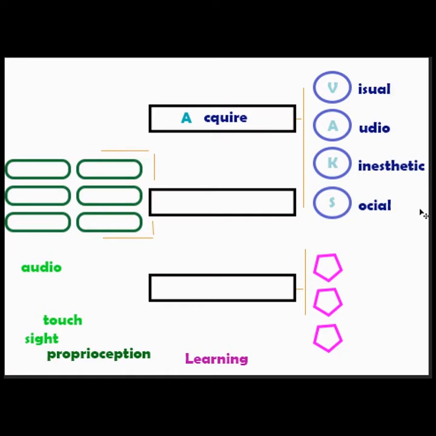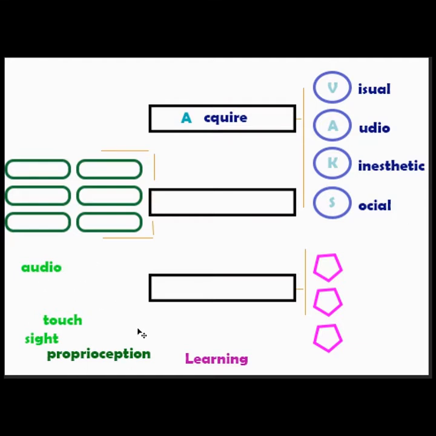Now, in general, people have some of all of these, excepting, for instance, if they are hard of hearing, then audio is not as useful. Or if they're blind or do not see well, visual is not as useful.